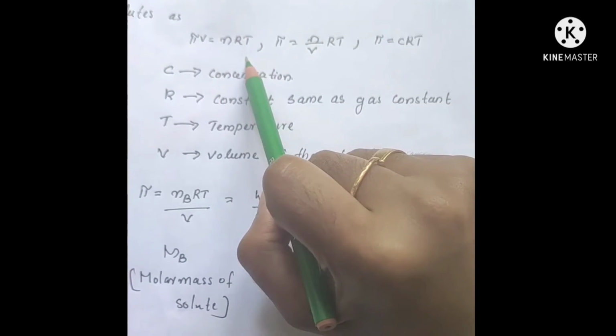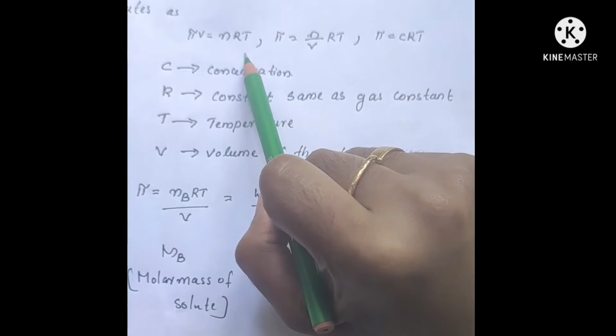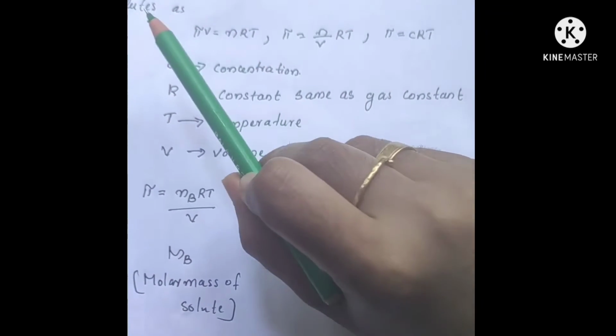This equation is called the Van't Hoff equation for dilute solutions.